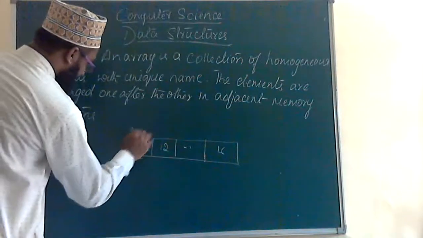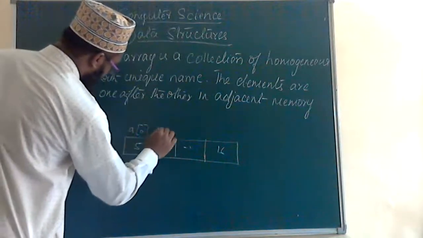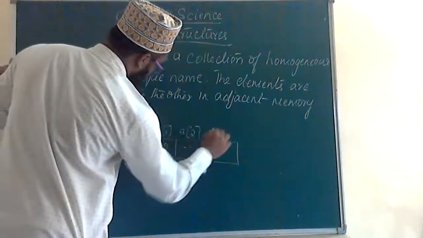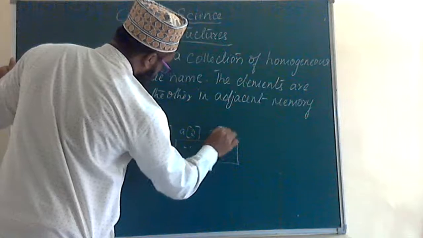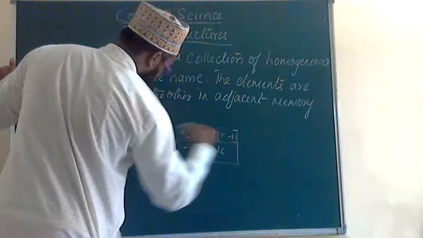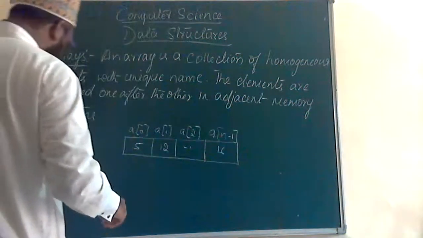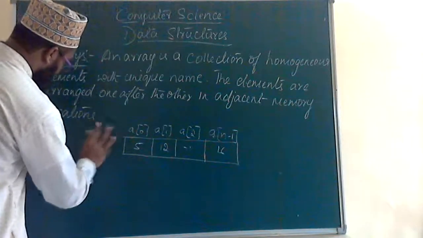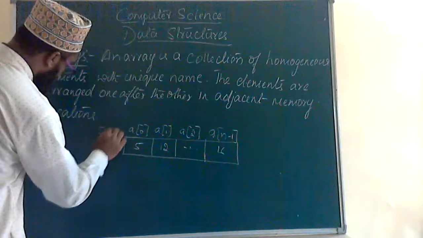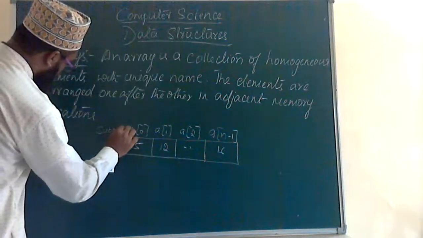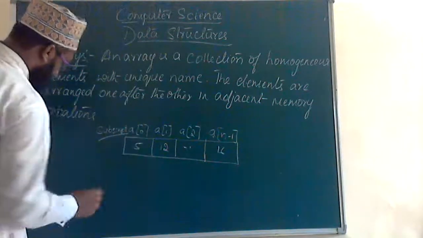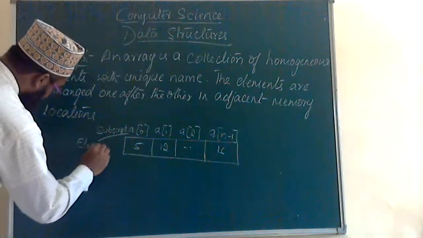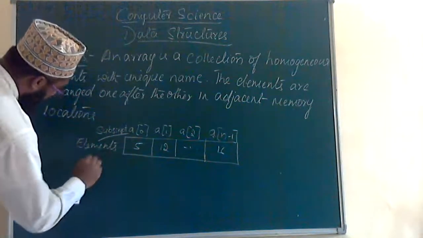This can be taken as a of 0, a of 1, a of 2, like that up to a of n minus 1, and it has different addresses. This is the subscript, then elements, these are called elements. Then address.